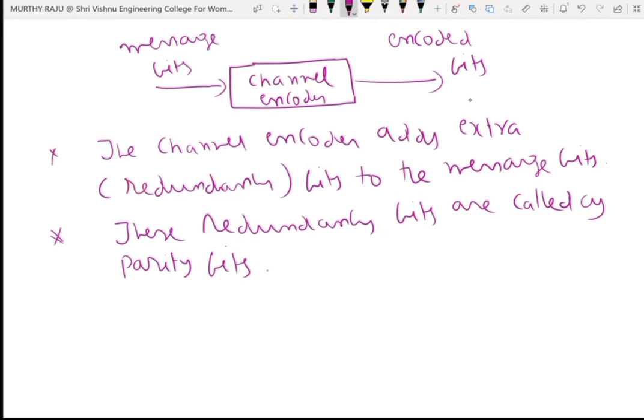That encoded bits is passing through the channel. This one is the channel plus some noise.